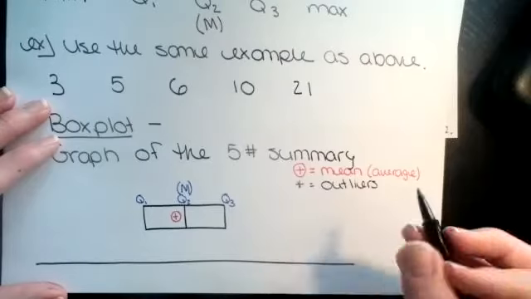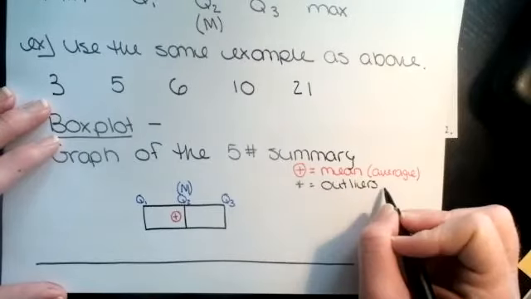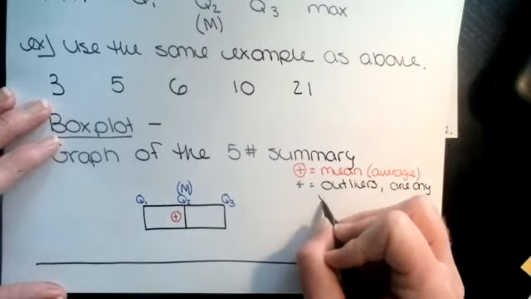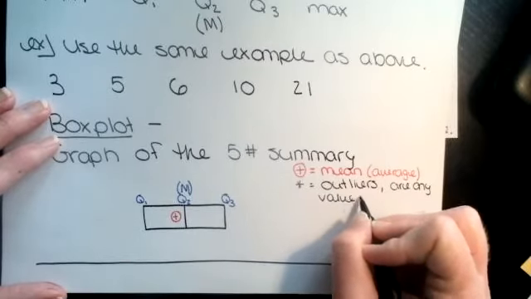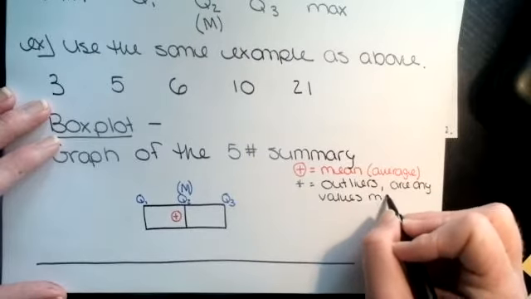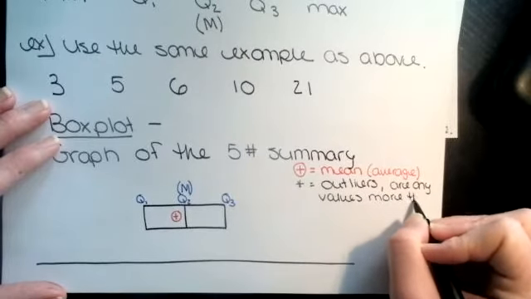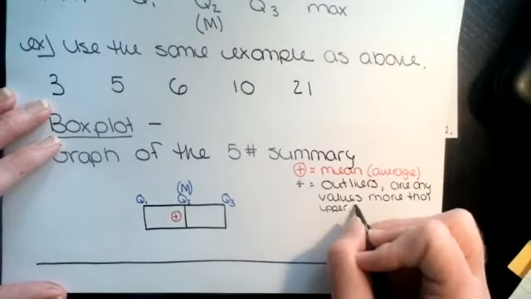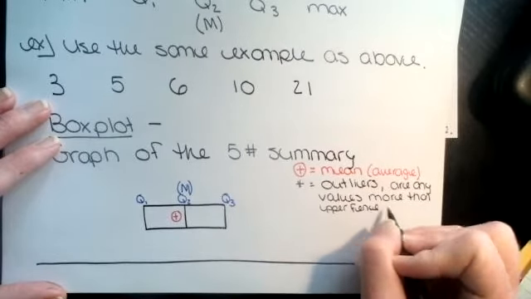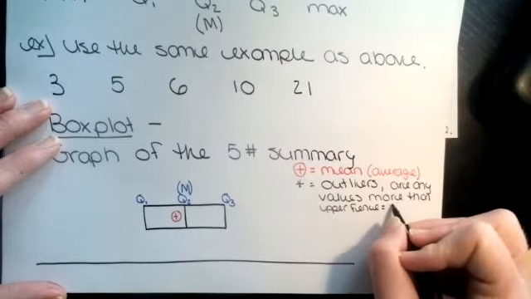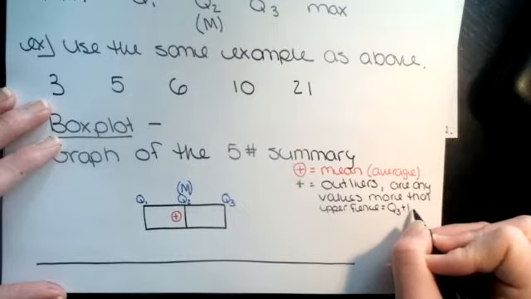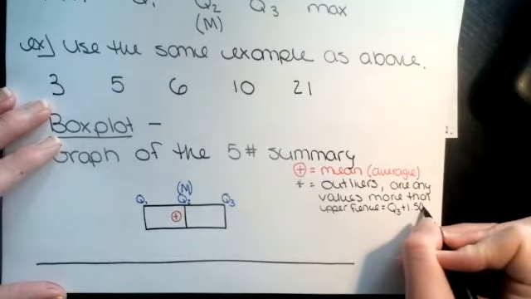So outliers are any values more than what we call our upper fence, which is equal to quartile 3 plus 1.5 times the IQR.